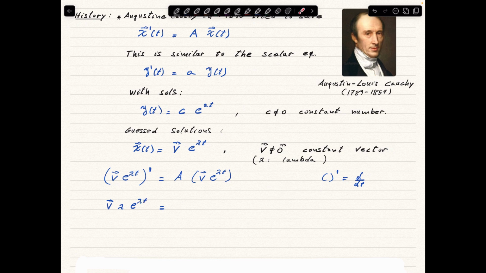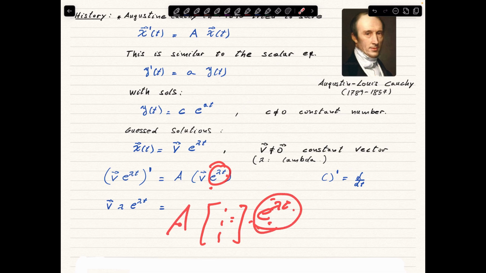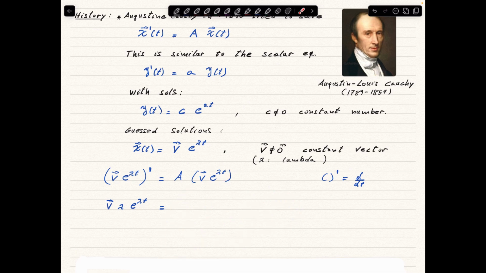On the other side, recall this is a vector, this is a matrix. Matrices act on vectors. This exponential lambda t is a scalar that multiplies all the components of the vector, but it is a common factor outside the vector, so we can keep it outside, compute the matrix acting on the vector, and to that result we multiply by the exponential. So we can write the exponential lambda t, and then A acting on the vector v.